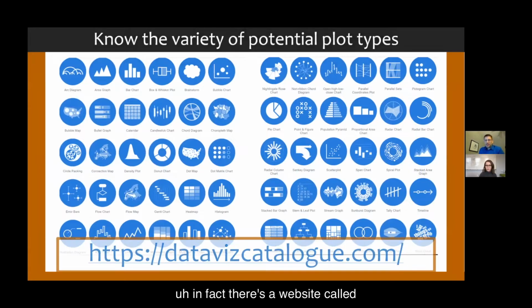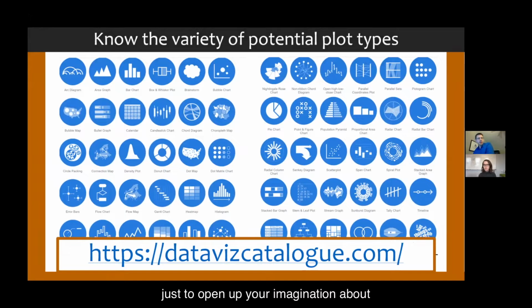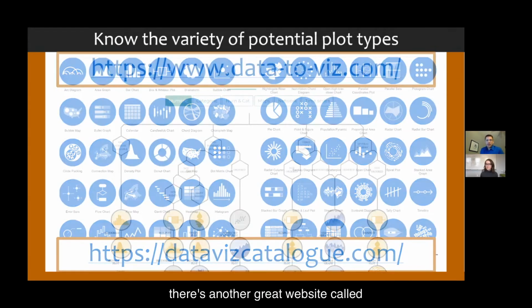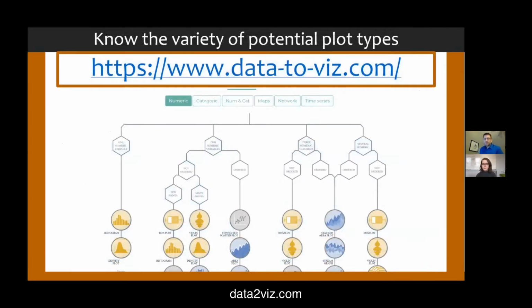In fact, there's a website called DataViz Catalog that lists out a bunch of different visualizations, and you might use this even before conducting a study or conducting your analysis, just to open up your imagination about the way data can be presented, because you might find that one of these is really suited for the kind of data that you have. There's another great website called data2viz.com, which has a great flow chart that helps you make a good decision, again, based on the nature of the data you have.